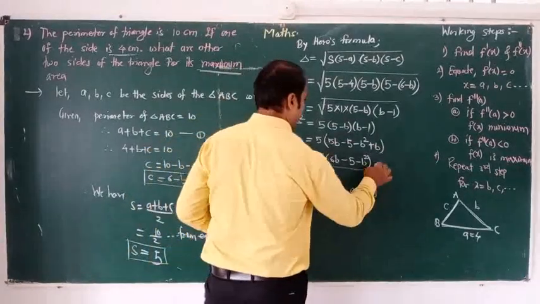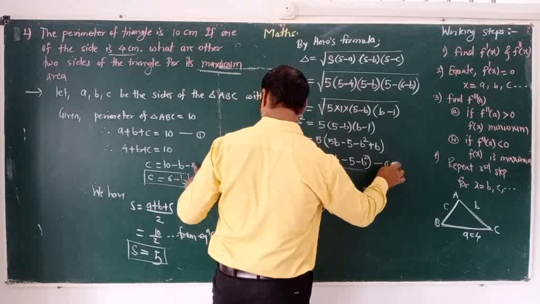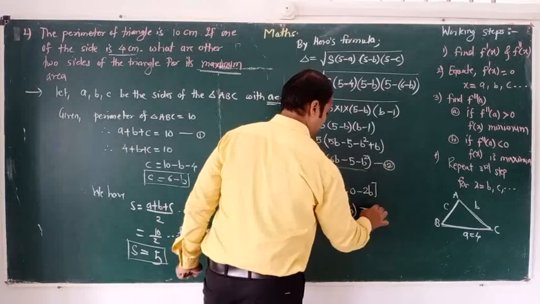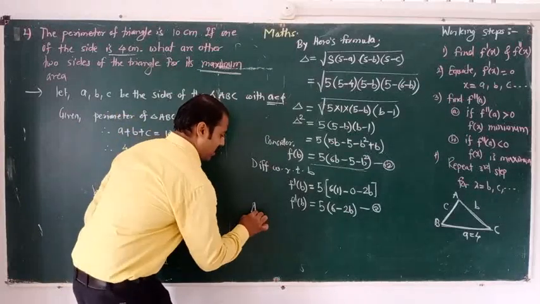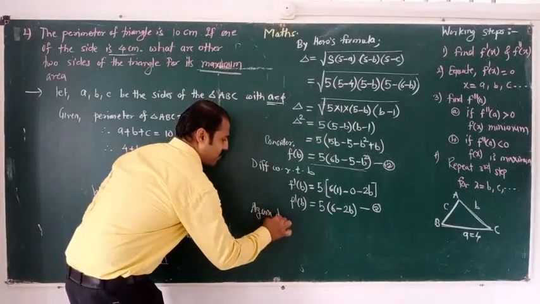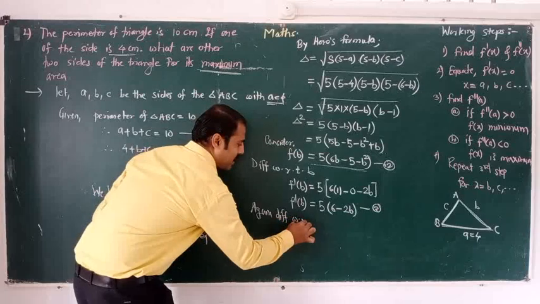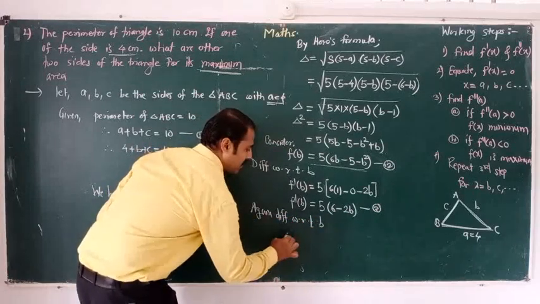Suppose this is equation number first, equation number second, equation number third. Now again differentiate with respect to b.